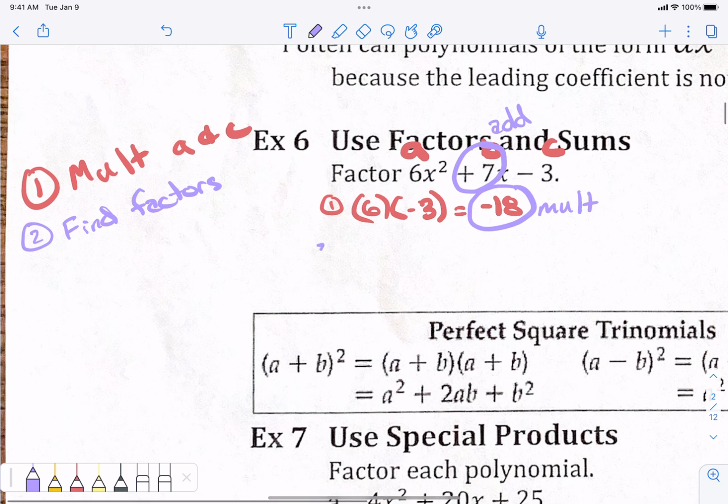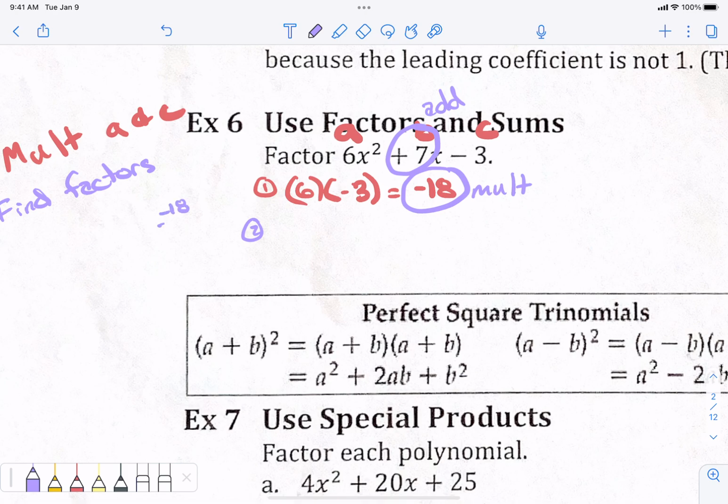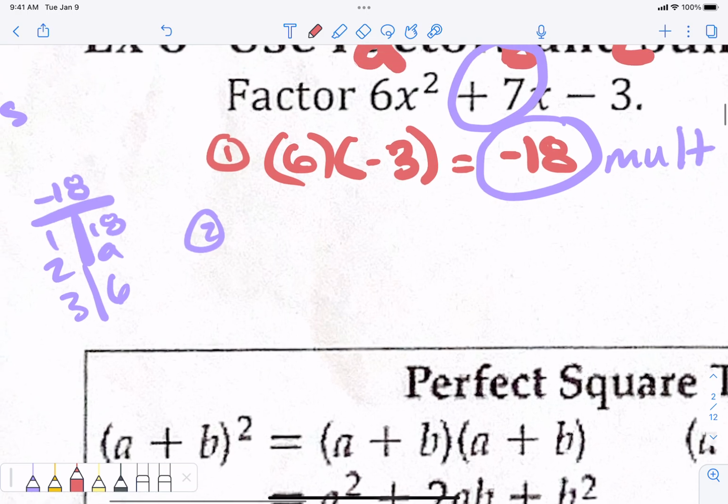Okay, so step number 2, I'm going to list -18 out over here. That would be like 1 and 18, 2 and 9, 3 and 6, and that is all. Which combination is going to give me 7? Now I want a +7, so I'm going to use -2, +9, right?